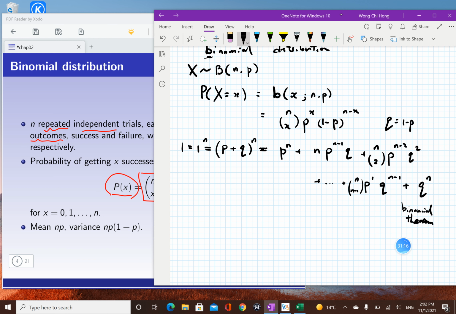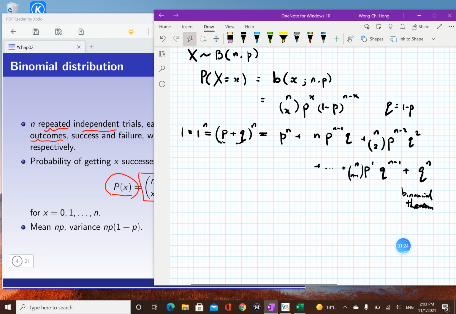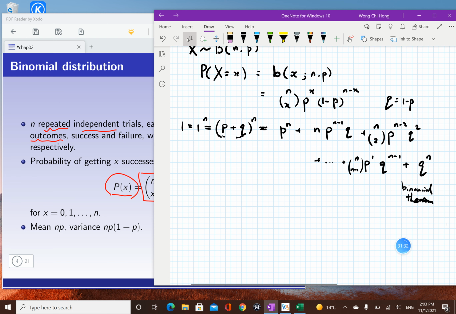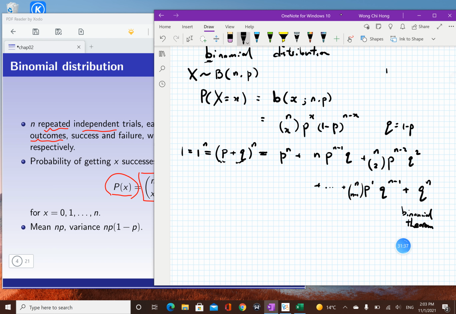Bi means two. The binomial here is where we have two things added. So we have the bi here, and then we have this bracket to the power n. We know this expansion before. Again, if you don't remember how to expand these, you have your Pascal's triangle, allowing you to expand these brackets.